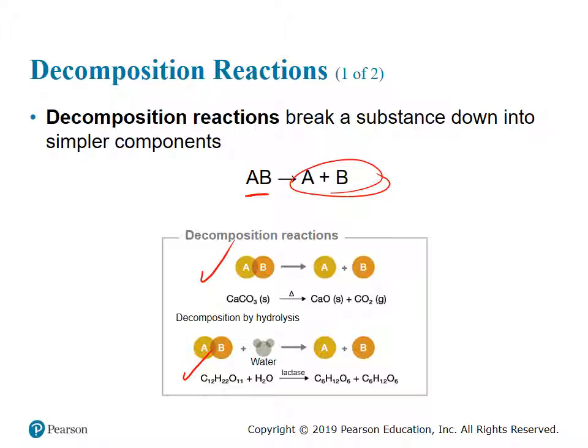Now, in the living organism, usually we use water, simple water, to help break a bond like this, to then separate them. So it works really cool because it's opposite. If we create water when we synthesize, we can break it up when we use water, right?